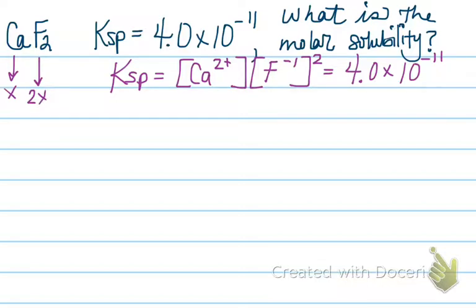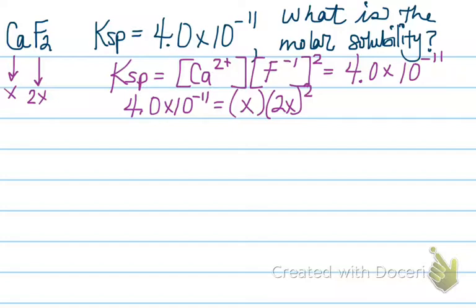So imagine we rewrote this now: 4.0 times 10 to the negative 11th is equal to x times 2x, because the concentration of fluorine would be doubled, and we still have to square it because that's part of the equilibrium expression. So now you have an equation that we can just solve algebraically.